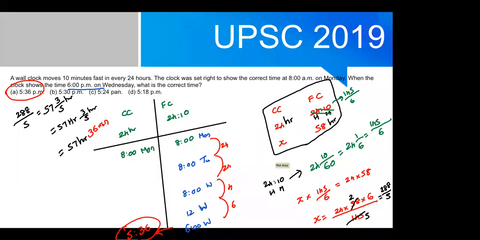If you do one more similar question, you will understand clearly. Unit conversion is the most important thing here. Everything else is direct.